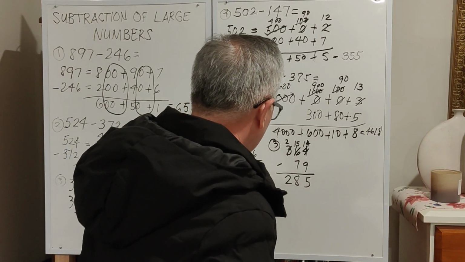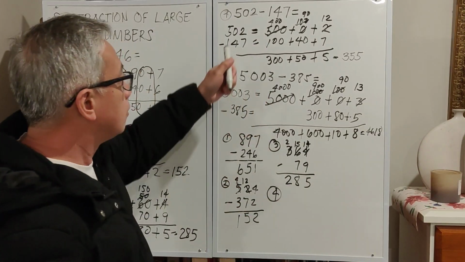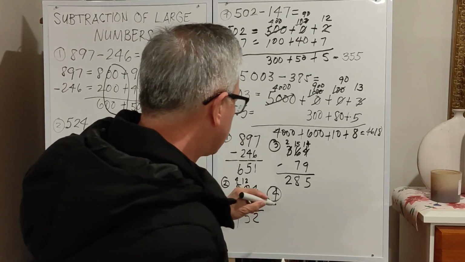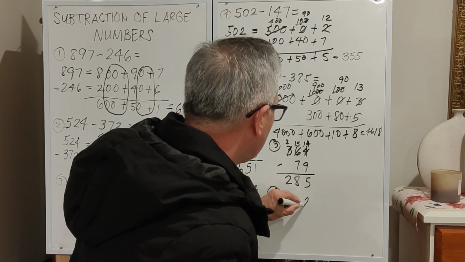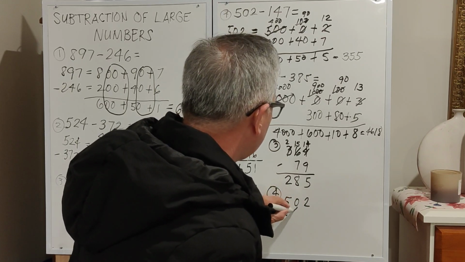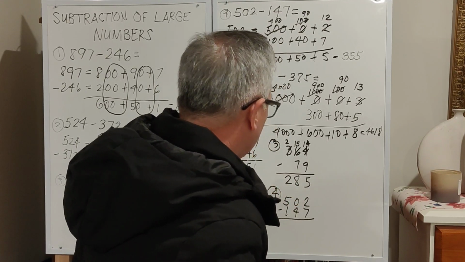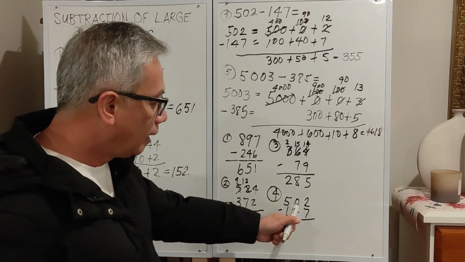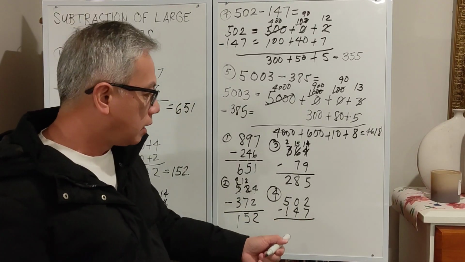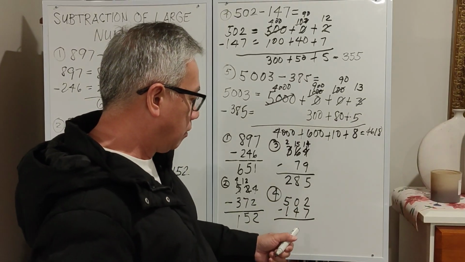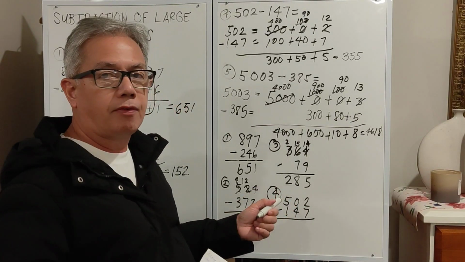Number 4. So 502 minus 147. 2 minus 7 we cannot subtract, so 2 has to borrow from 0, but 0 first has to borrow from 5.